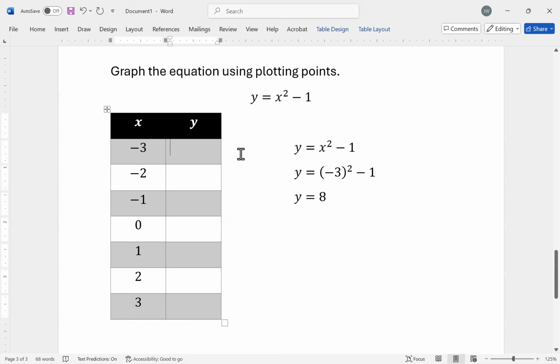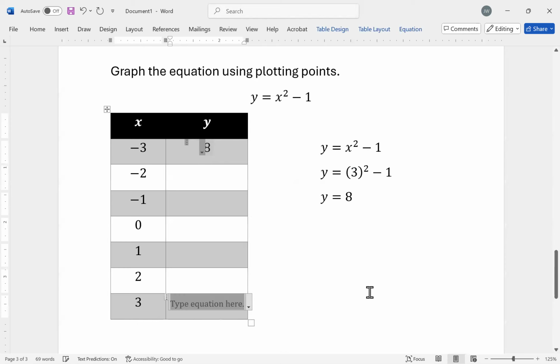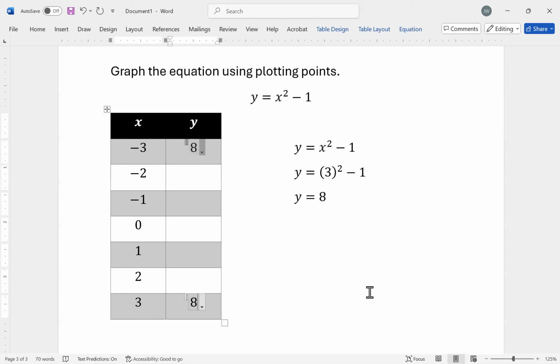So my y value is an 8 when I plug in a -3. Now, let me just point out something. If I would have plugged in a +3, since 3 times 3 is 9 as well, my y value would have been 8 if my x value were a +3.